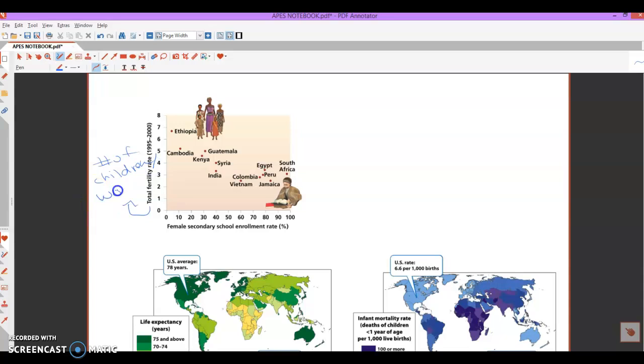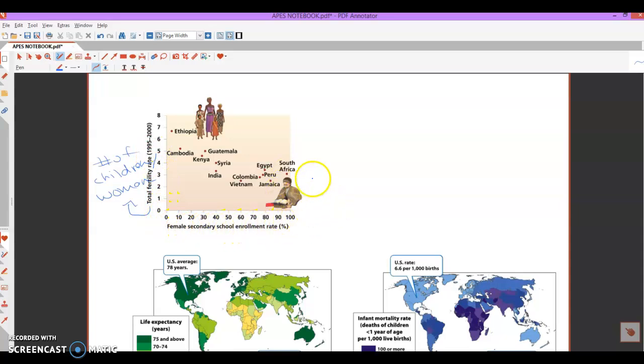per woman. Now, as I alluded to in the previous video, the total number of children a woman has is directly correlated to their education levels. So that's what this graph is showing you. You have total fertility rates and the female secondary school enrollment rate.